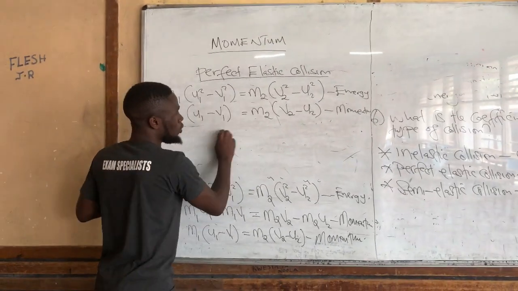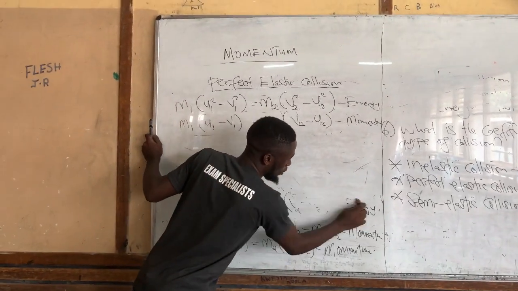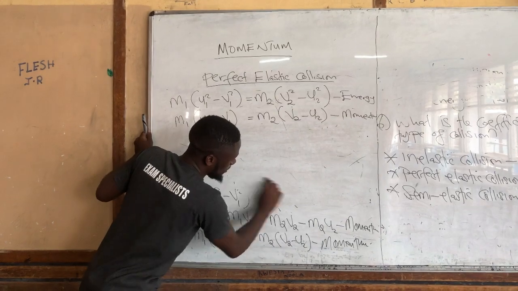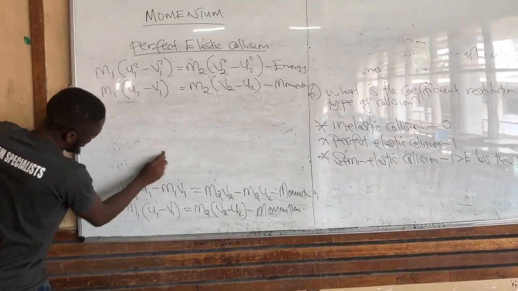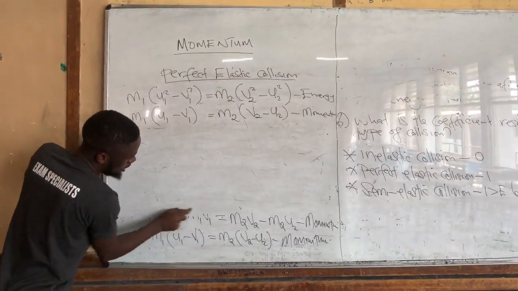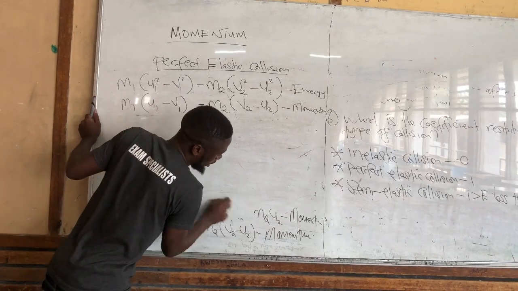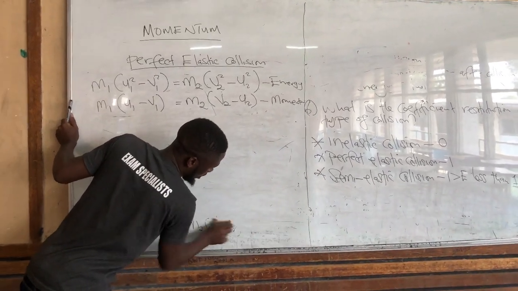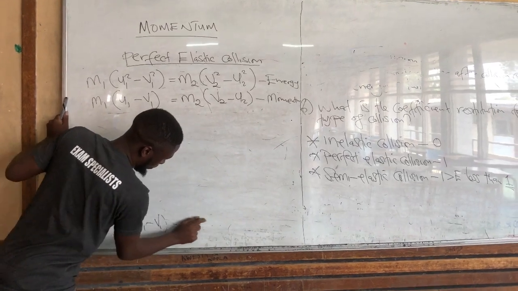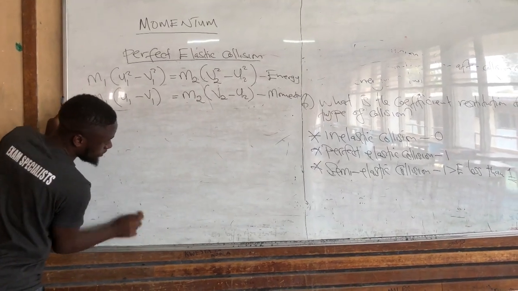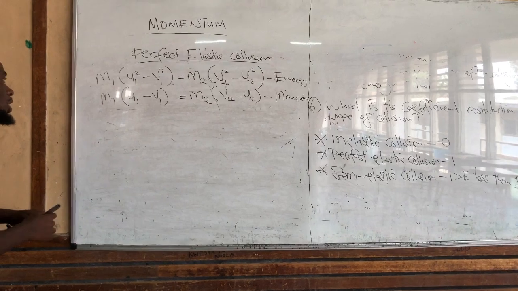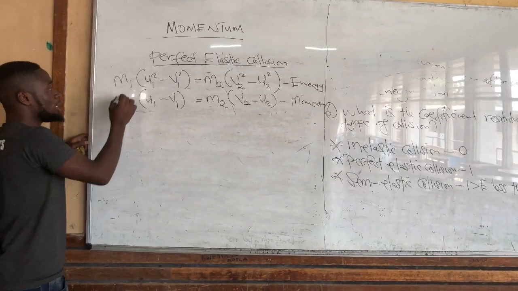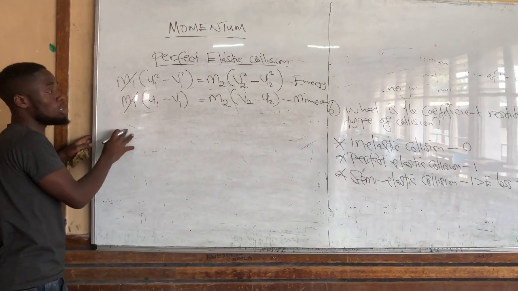Let's solve them simultaneously. If you divide the energy equation by the momentum equation, the M1 and M2 go, which is 1.